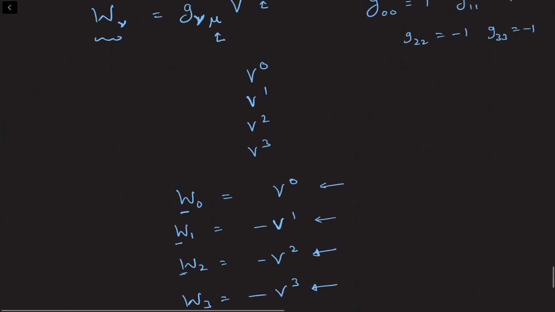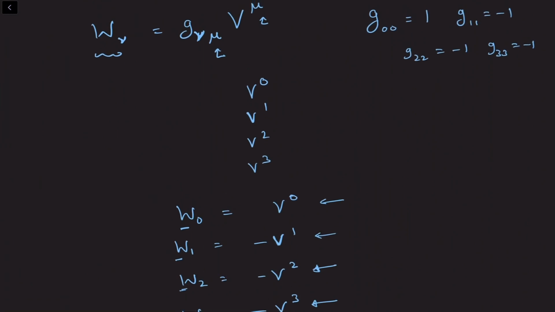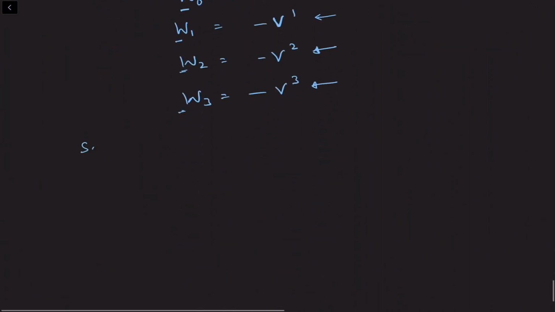Now, the transformation law for W is obviously going to be different from the transformation law for V. So let's ask, what is the transformation law for W? Now suppose we go to a frame S prime. We'd like to know what W prime is.